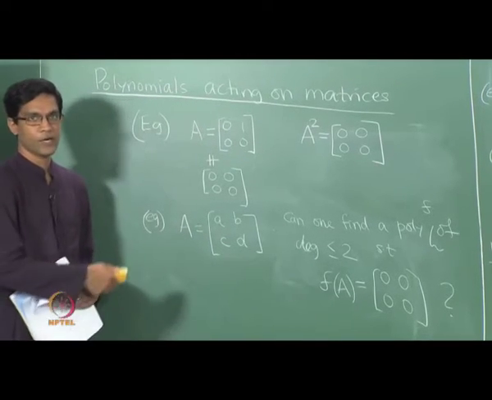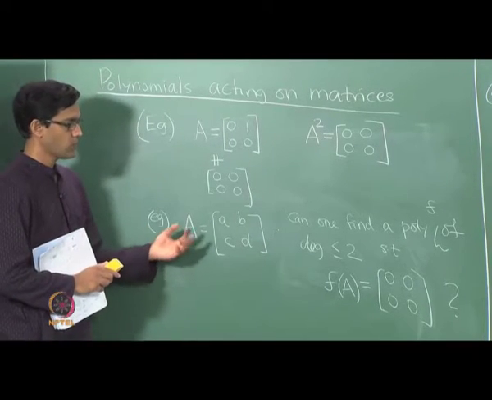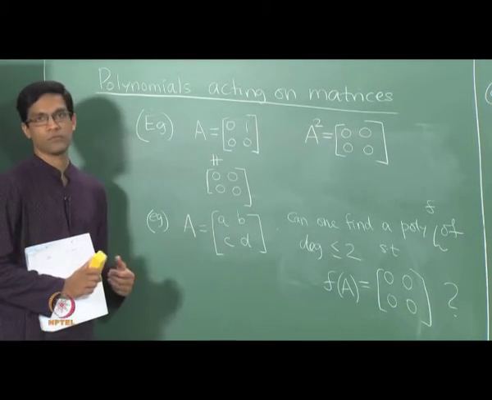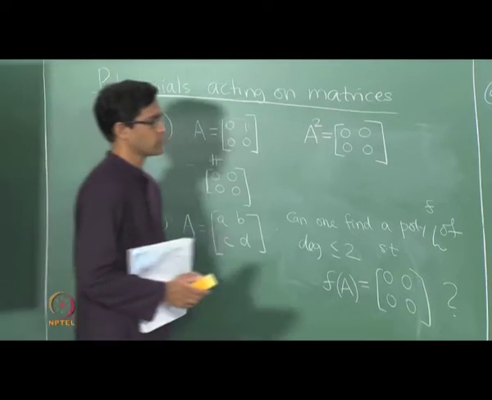Okay. So for an arbitrary 2 cross 2 matrix, what polynomial should one apply to it to get 0? Well, more importantly, does there exist such a polynomial?